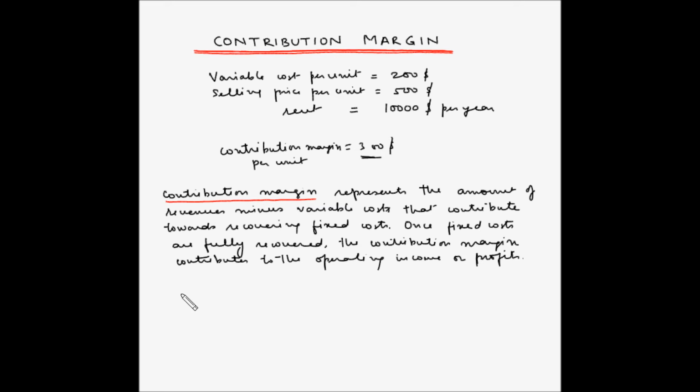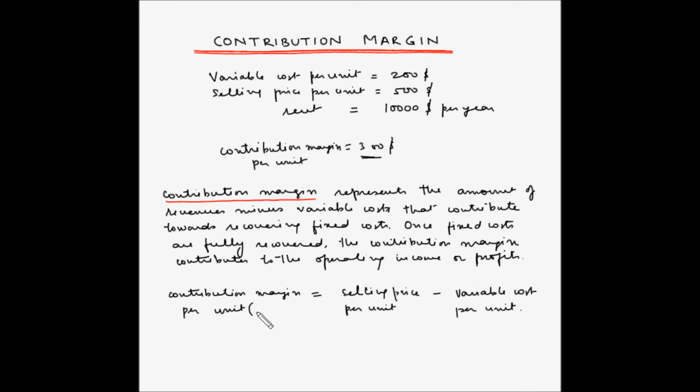So in other terms, contribution margin per unit is equal to selling price per unit minus the variable cost per unit.